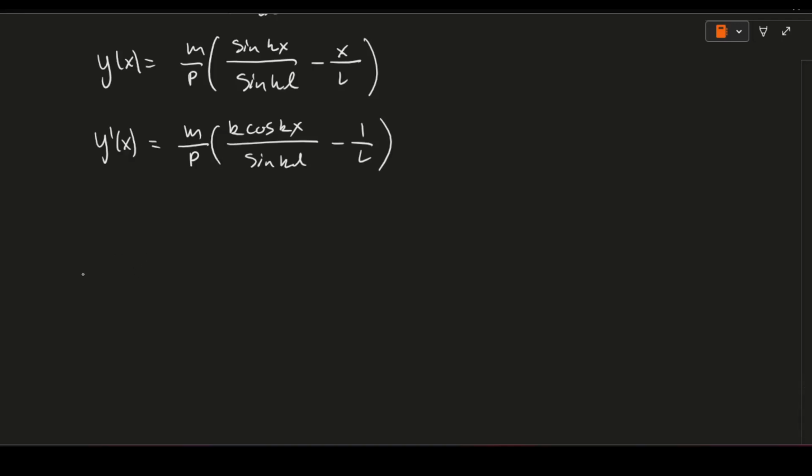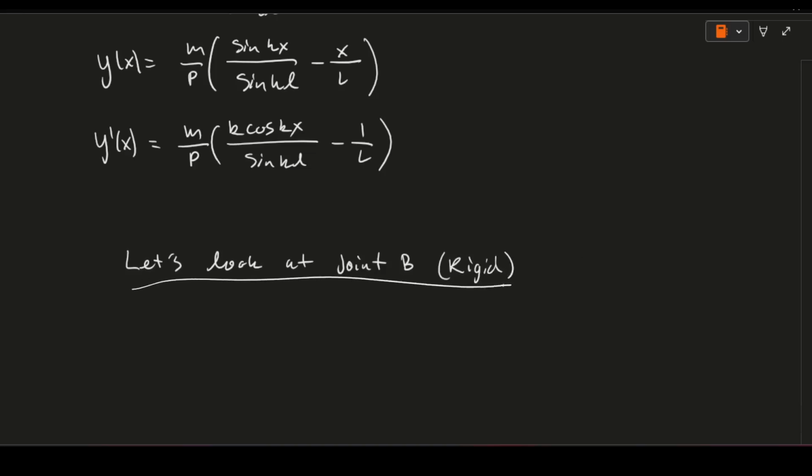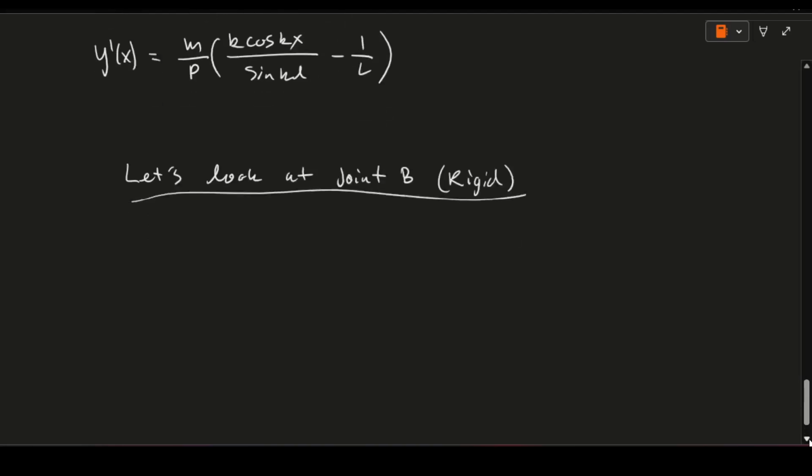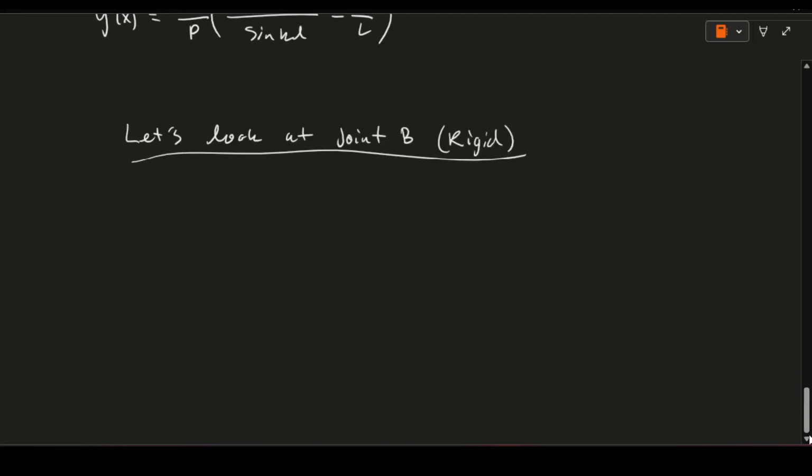So let's take a closer look at joint B, rigid. So the joint B, it will deflect like this. So this is the column, this is the beam.